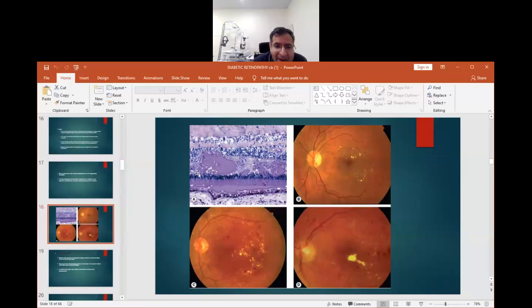What is this violet material? Which stain is this slide? It is the hematoxylin and eosin stain. And violet is which one, eosin or hematoxylin?